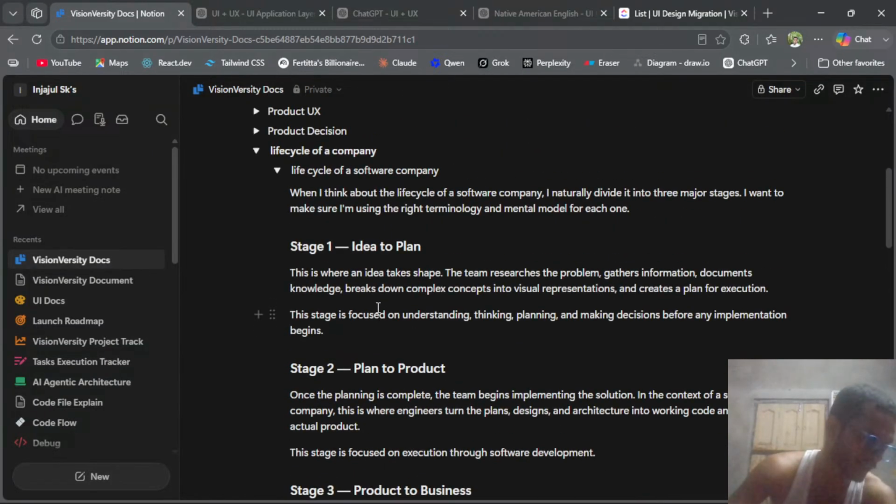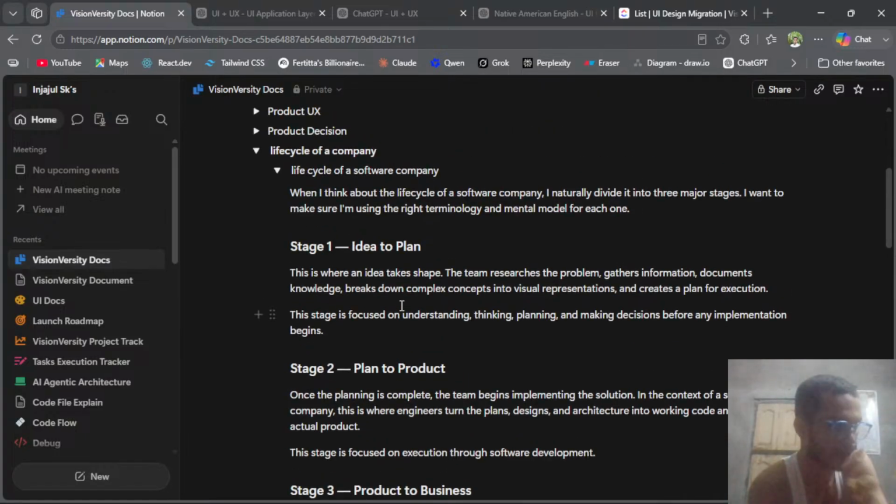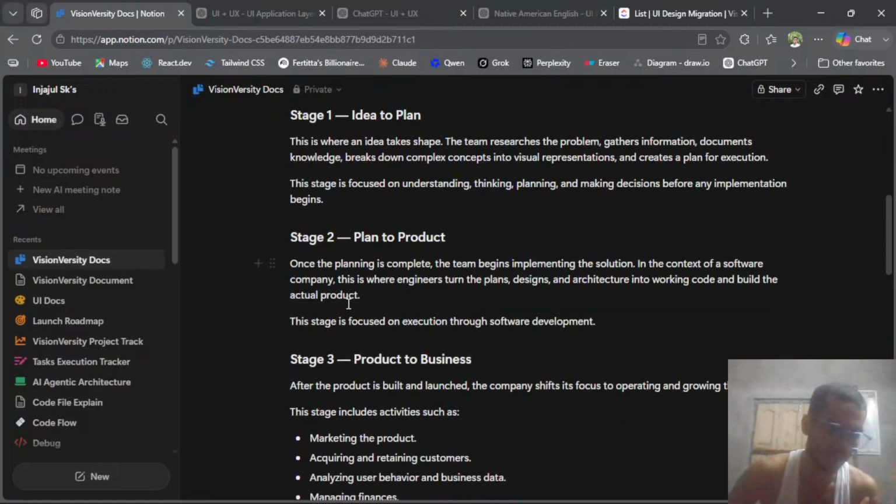So my product is around this phase. I defined two types of tasks: one is executing, the second is management. This stage, my platform covers. You can plan, which means you can execute, and you can manage. And this part, my platform also focuses a little bit on management.